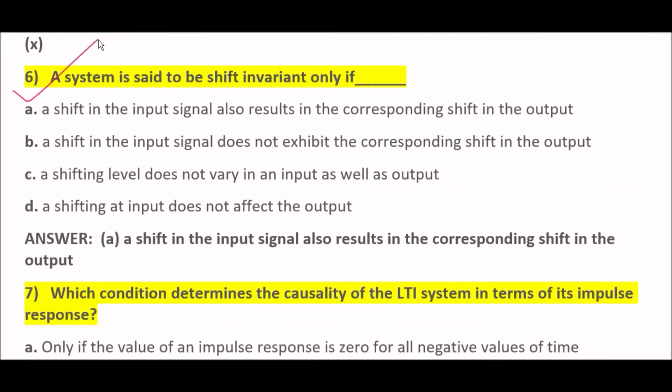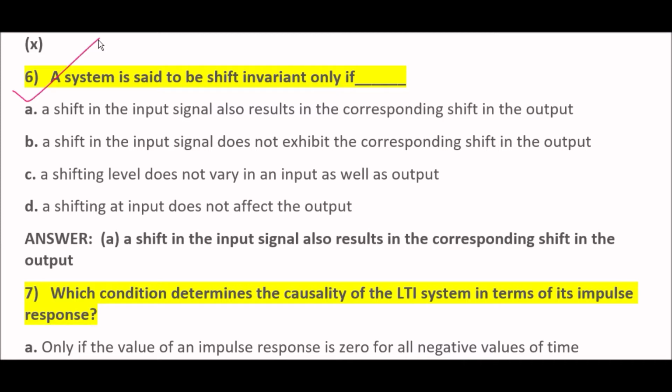Now next question. A system is said to be shift invariant only if: option A, a shift in the input signal also results in the corresponding shift in the output. Option B, a shift in the input signal does not exhibit the corresponding shift in the output. Option C, a shifting level does not vary in an input as well as output.